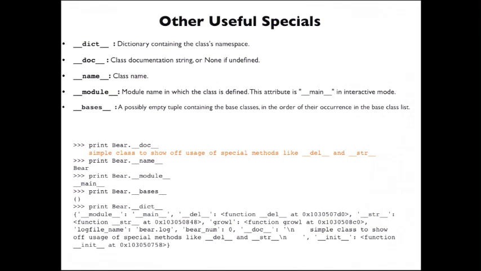Yes, question? Why is there no base class Bear? I thought that the classes all descend from object. Yeah, that's a good question. The question was, why is there no base class of Bear? What I've actually done here is not considered great Python code. I didn't explicitly subclass the superclass called object. What you typically should do when you're defining the Bear class, or any class, is say class Bear(object).